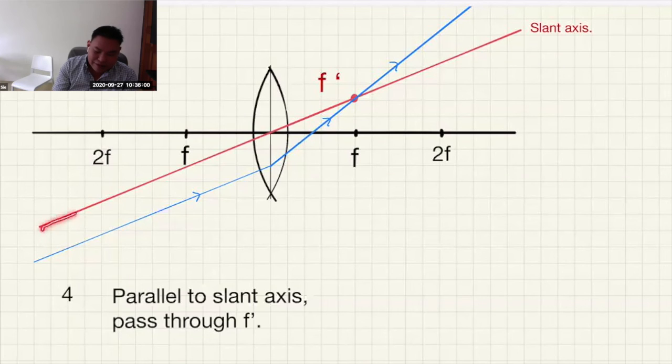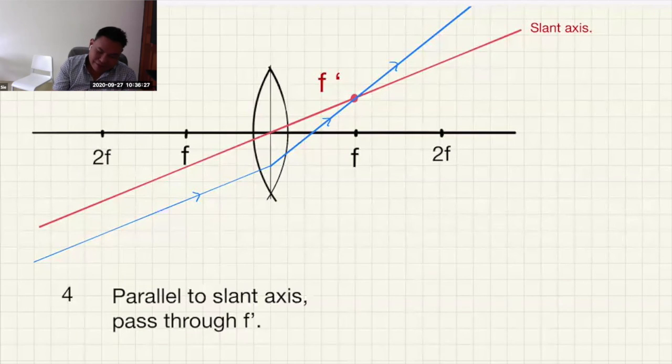You draw a slant axis, and the slant axis must be parallel to the light. And the slant axis also must pass through center of lens. They give you a light. I draw this in blue color. Then you draw slant axis that is passing through center of lens and parallel to that light.